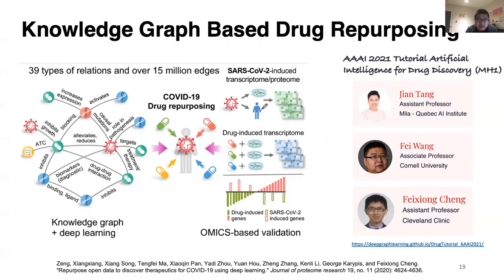I don't want to introduce this in too much detail, but if you are interested, you are welcome to attend our other tutorial, which happened in the morning, but you can still look for the video of it, where Dr. Cheng introduced the process of this work in great detail.